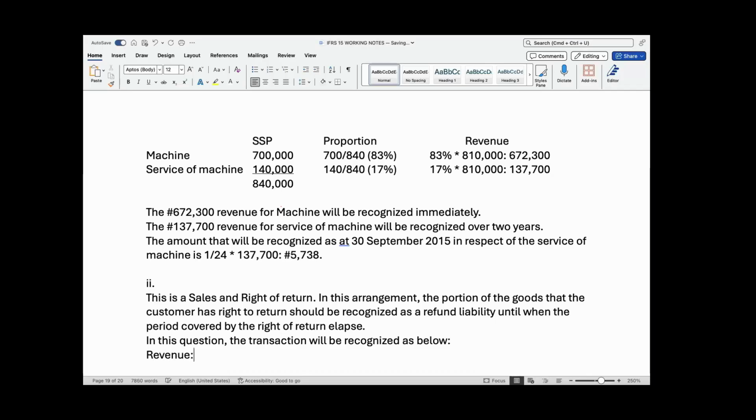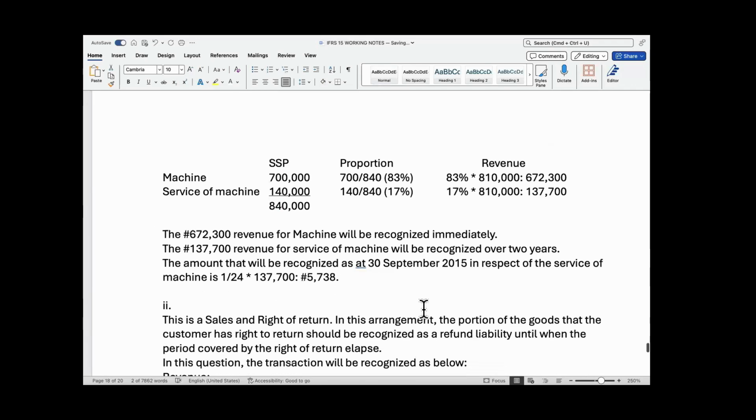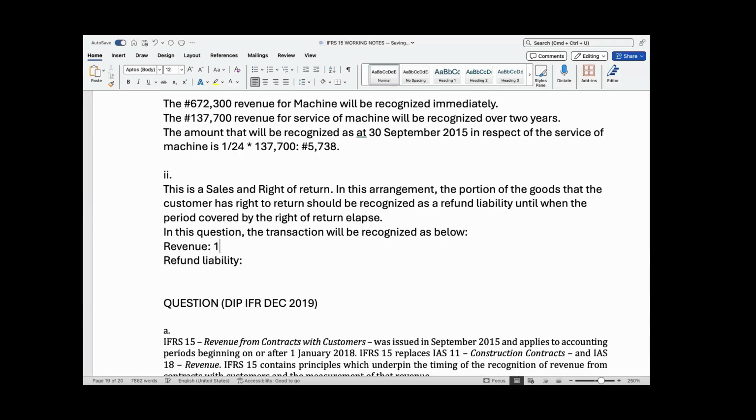So how much are we recognizing as revenue? How much are we recognizing as refund liability? So we sold 100 goods, 2,000 naira each, 4% can be returned.